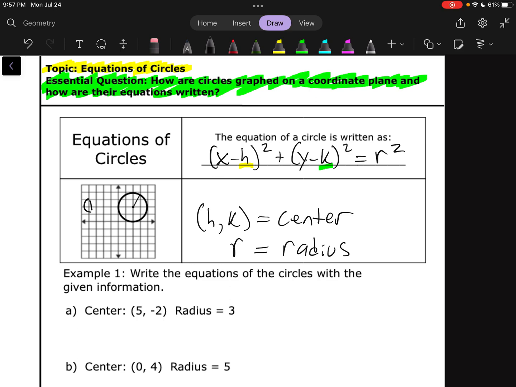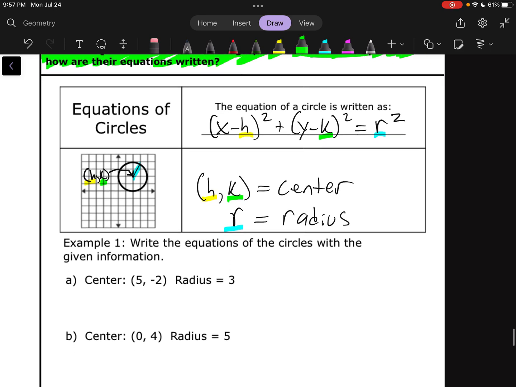So, for example here, that would be our H, that would be the K. And then our R will be the length of the radius. So the H is the X value of the center, the K is the Y value of the center, and the R is the actual radius.